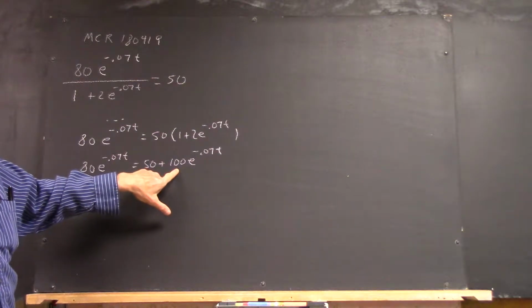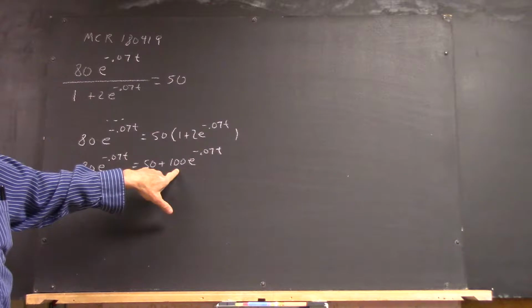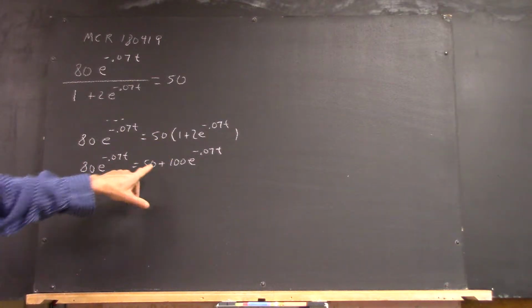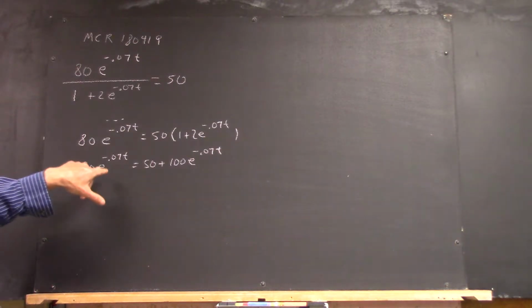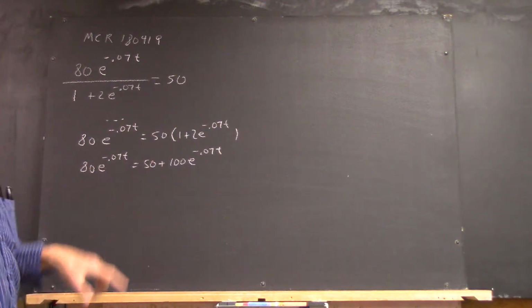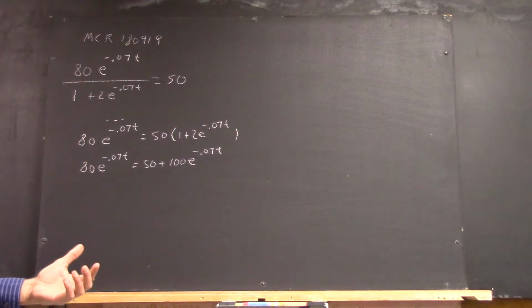And what you got was right. And you can't subtract the 50 from both sides and get a 30 over here, because this is 80 times e to the negative 0.07t, not just plain old 80, right? You can't do those things, and you got to really make sure you don't.